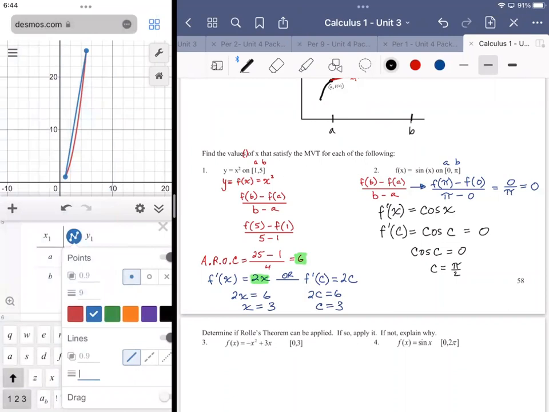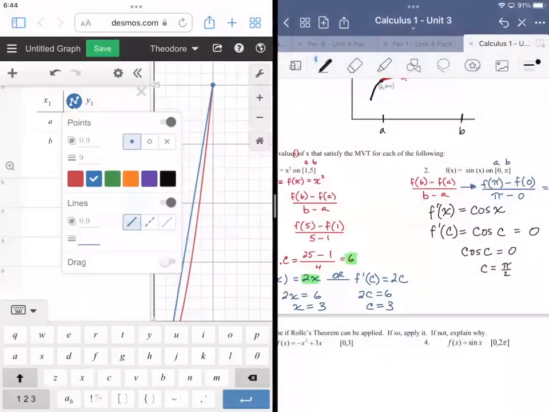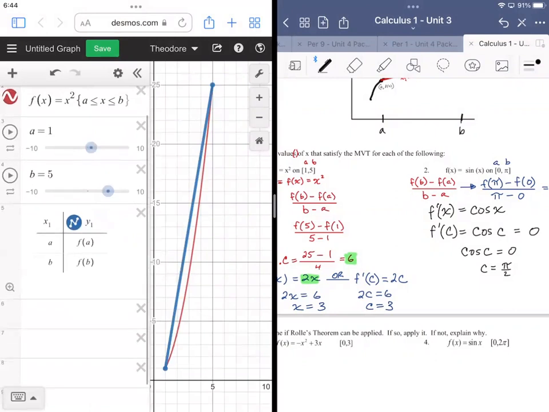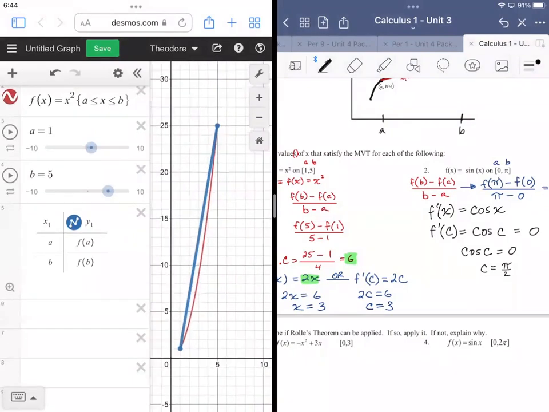I want to make this like 5, I guess. Yeah, just a little bit thicker so it stands out, something like that. So that's my average rate of change, my slope of the secant, or that's my secant line.